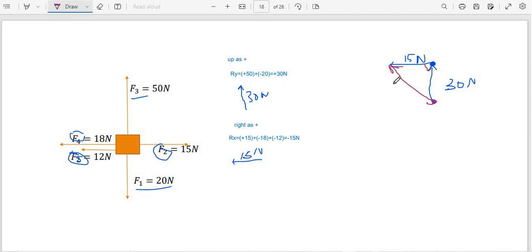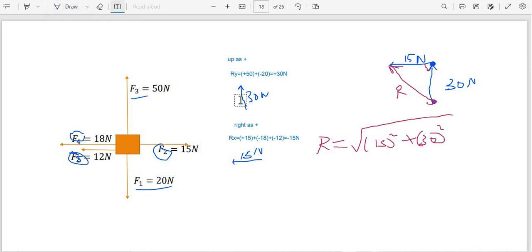So to find r, I'm going to label it r, we are going to use the theorem of Pythagoras. The theorem of Pythagoras only helps us with the magnitude of r. So r will be equal to the square root of 15 squared plus 30 squared. So you can punch that on the calculator.